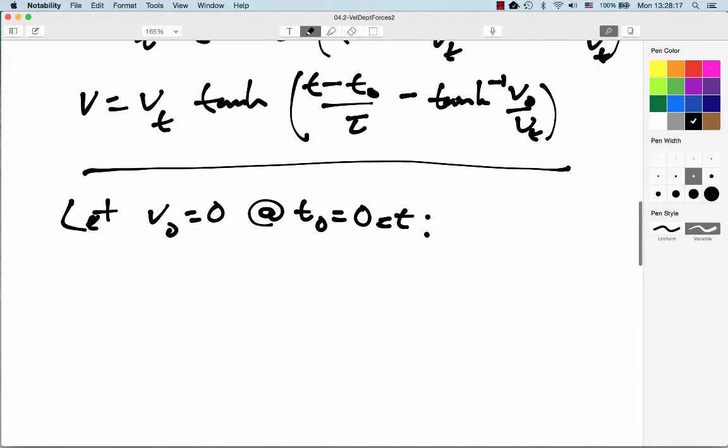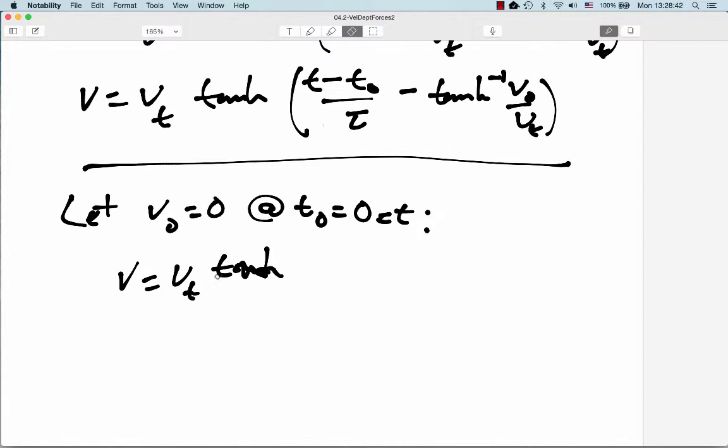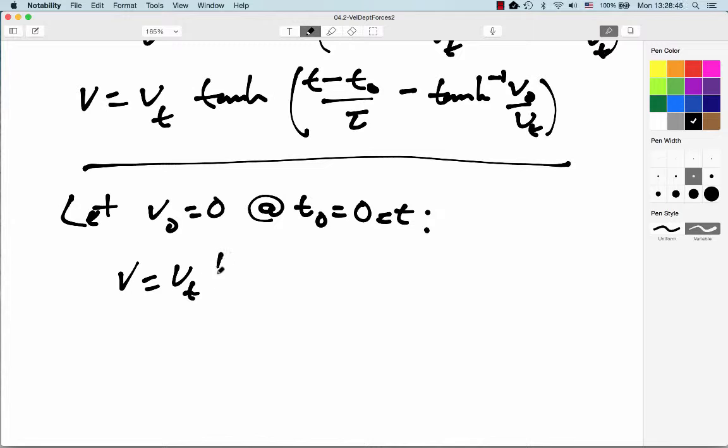That makes this the arctangent of 0, which is conveniently equal to 0. So we get that v equals v terminal times the tanh of t over tau. So that's at least a little nicer.